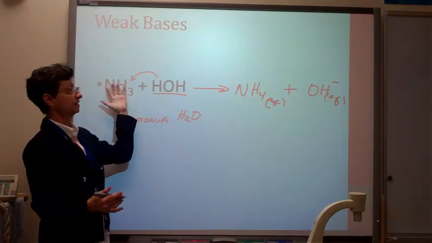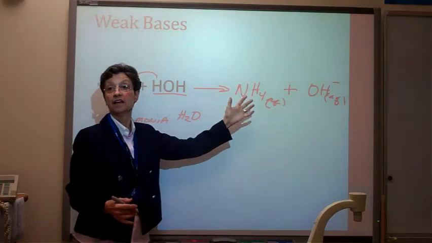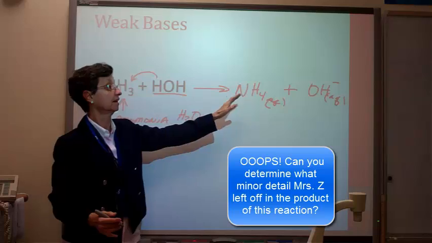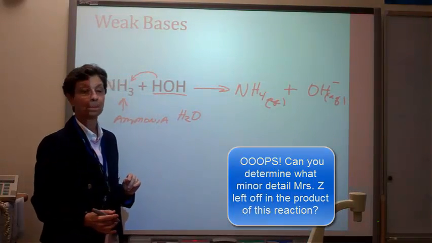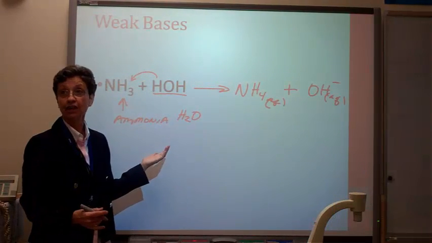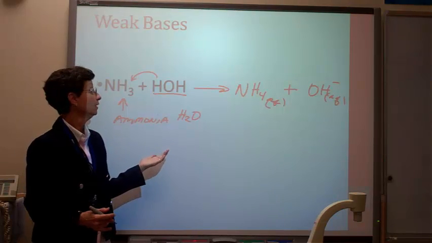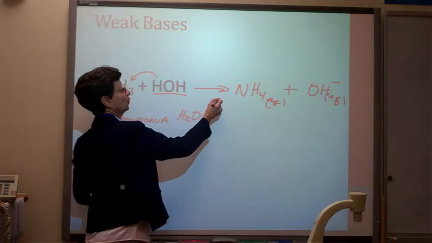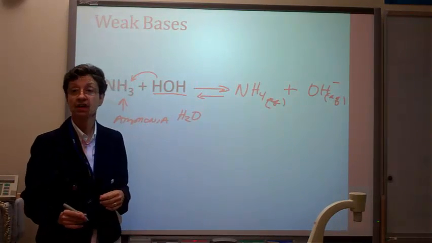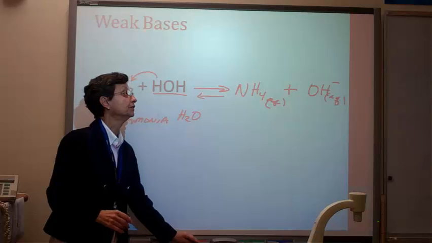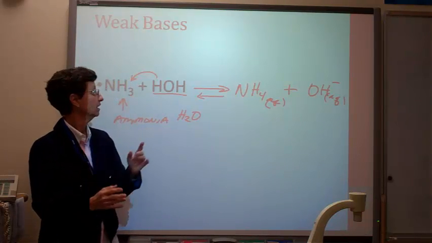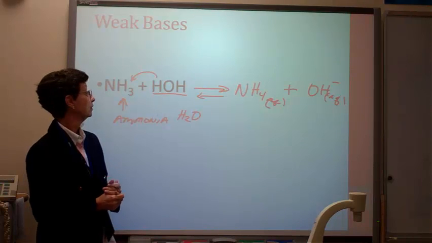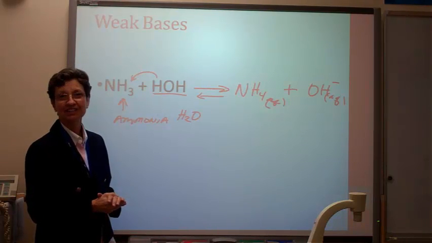You can understand that this side is the reactants and then the products on this side. So that's the dissociation of ammonia, which is a weak base because it goes in both directions. In other words, we have reformation of the original compounds, which are NH3 and HOH.